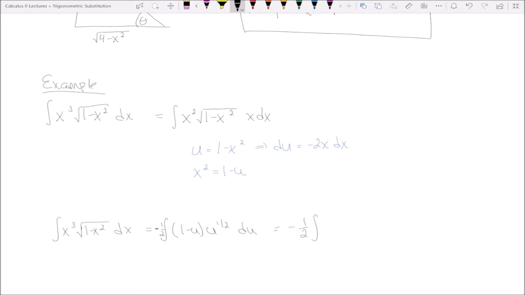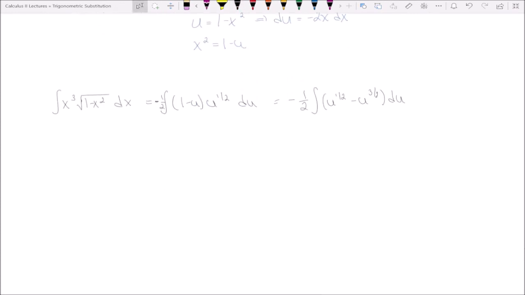All right, so we have negative 1/2 times the antiderivative of u to the 1/2 minus u to the 3/2 du. All right, that is 2/3 u to the 3/2 minus 2/5 u to the 5/2 plus a constant.